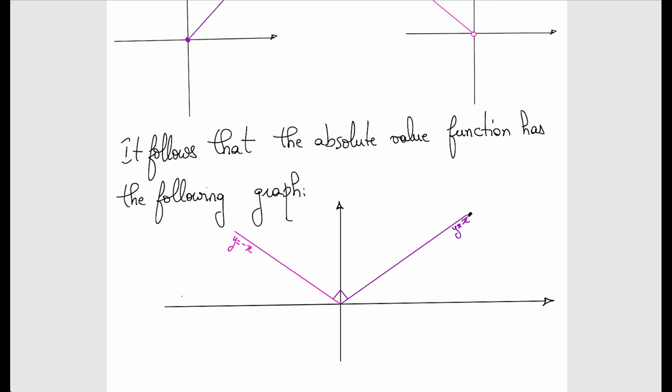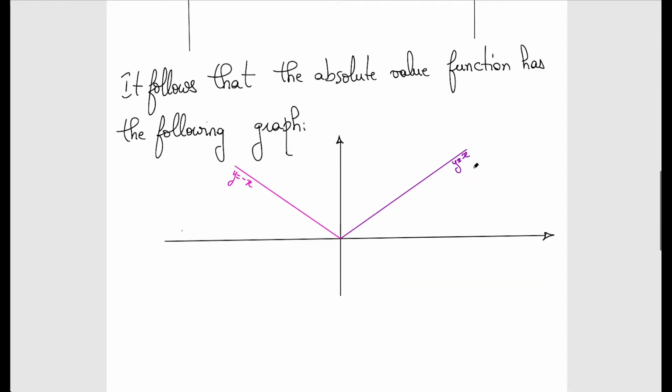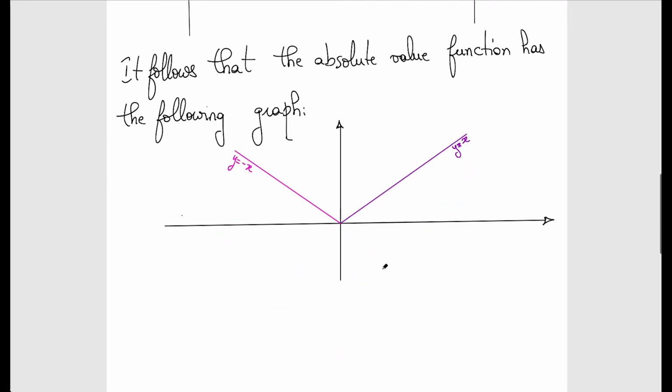The slope of this is 1, and the slope of this is -1. So the product between -1 and 1 is -1. And as such, this angle is indeed 90 degrees. Probably it's not reflected here, but that's the case. This is 90 degrees. Okay, all right, so this is the absolute value function then.